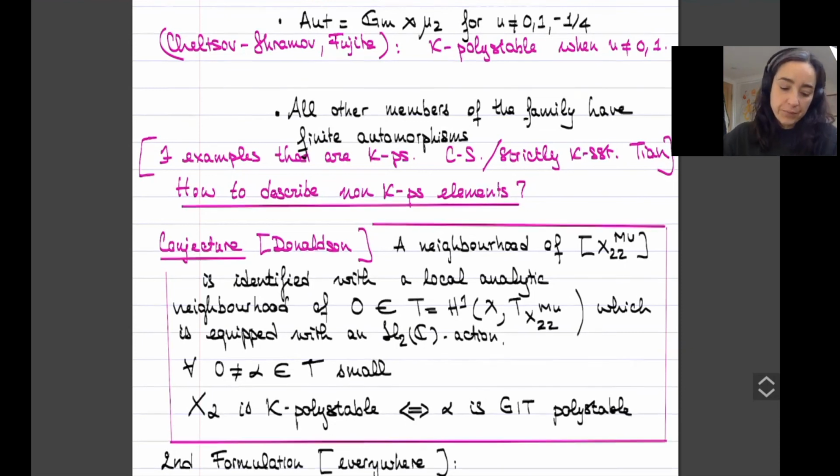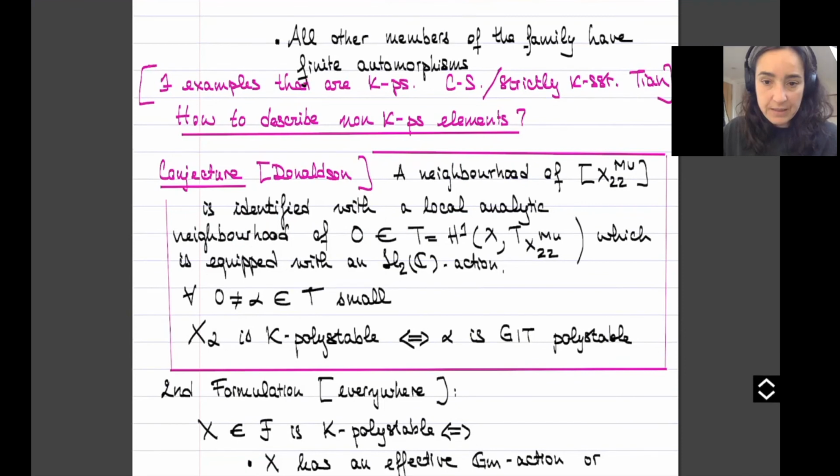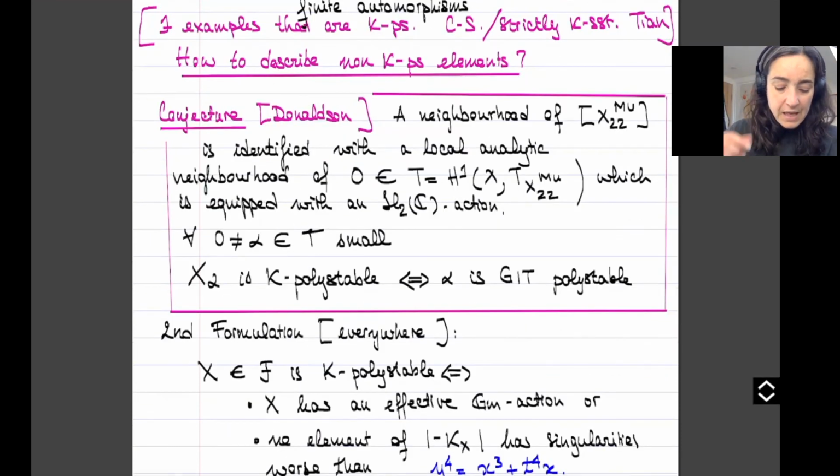Now, Donaldson reformulated this conjecture and expects this to hold everywhere. So the equivalent formulation near the Mukai-Umemura point, which is expected to hold everywhere, is that X in the family is K-polystable if it either has an effective GM action or if no element of the anti-canonical linear system has singularities worse than these here.